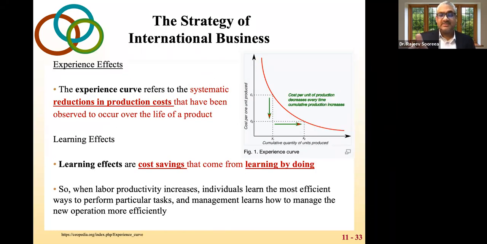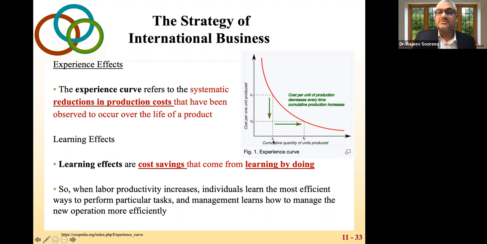Now, the other piece related to that is the experience effects, all right? So what's an experience curve? The experience curve refers to the systematic reduction in your production costs that has been observed to occur over the life of your product, right? So on this graph here, you can see the cost per unit of production decreases every time the production goes up.